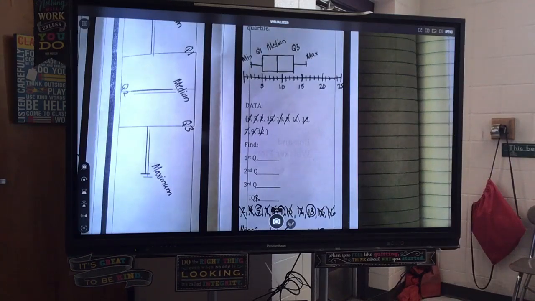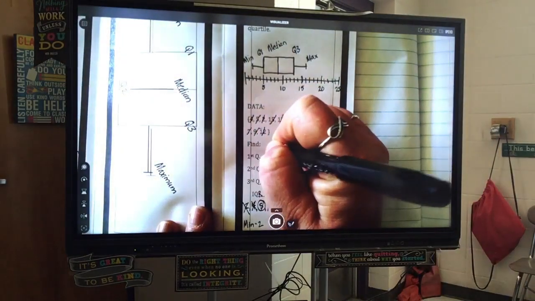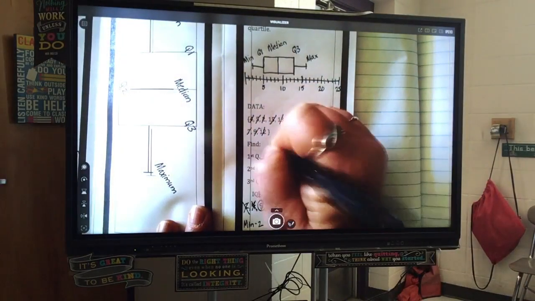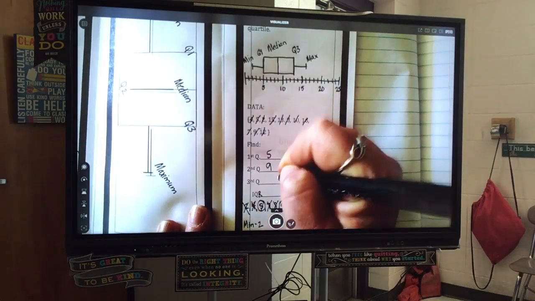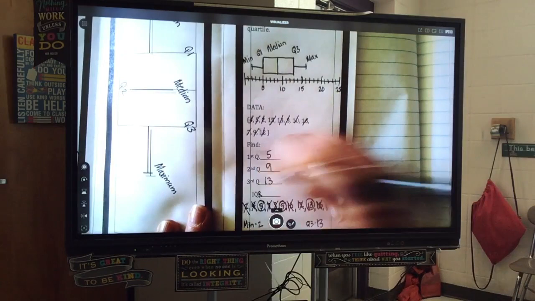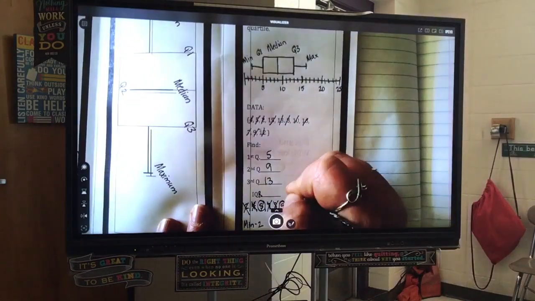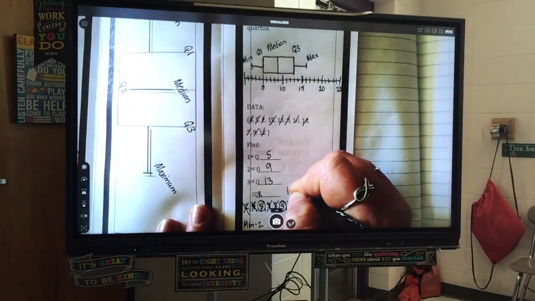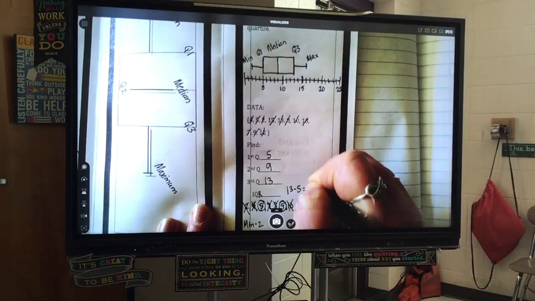Alright, Alexa, what was my Q1? 5. What was my Q2? What was my Q3? And what did you do to find my IQR? Which is? 16 minus 2, or 16 minus, no, 13 minus 5. And that gave me 8.